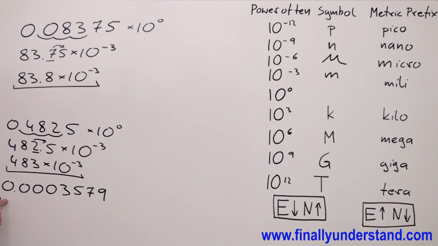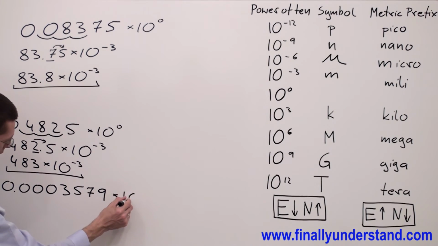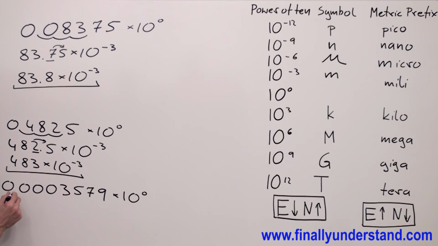Let's take a look at this example. Again, on the left side of the decimal point, I have number less than 1. That's why I'm going to move my decimal point to the right side. But before I'm going to do that, I'm going to add power of 10, 10 to 0. Move the decimal point 3 times. 1, 2, 3. On the left side of decimal point, I still have number less than 1.